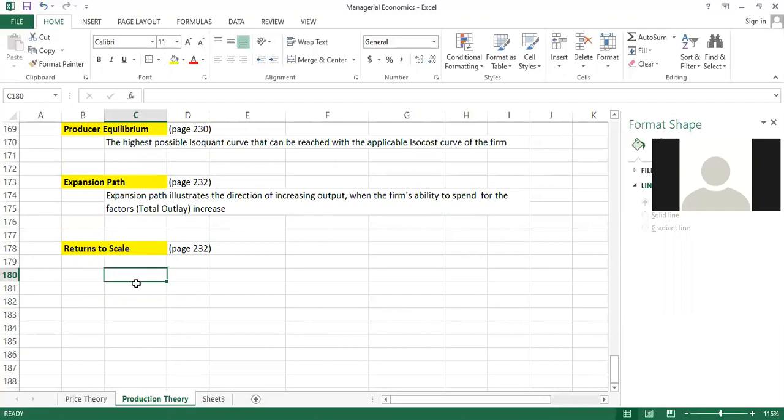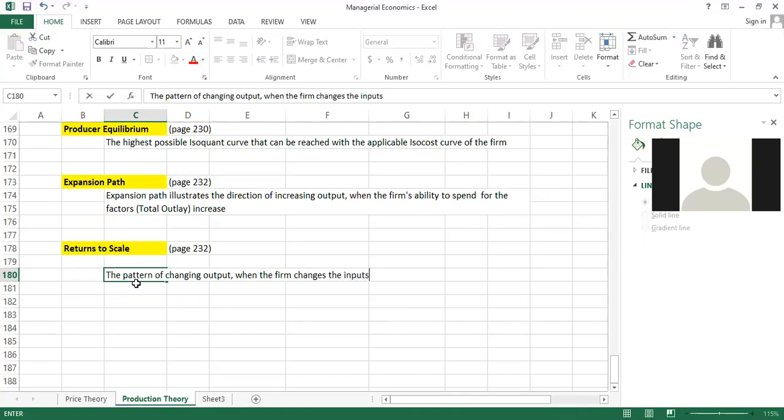When the firm is increasing all inputs, the returns to scale concept explains the pattern of changing output when the firm changes the inputs, both labor and capital.